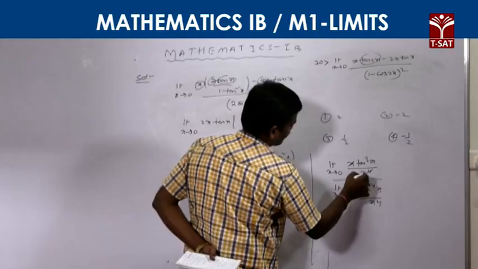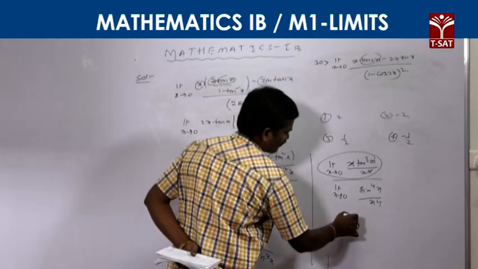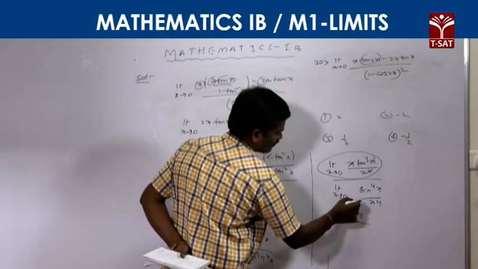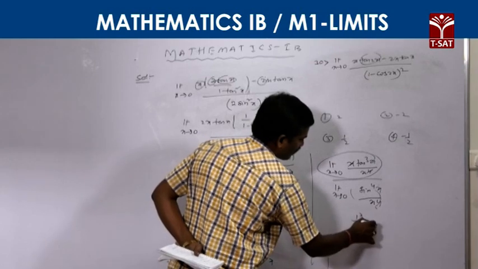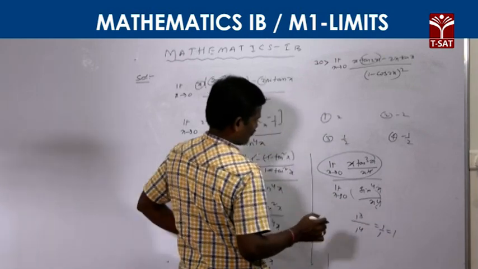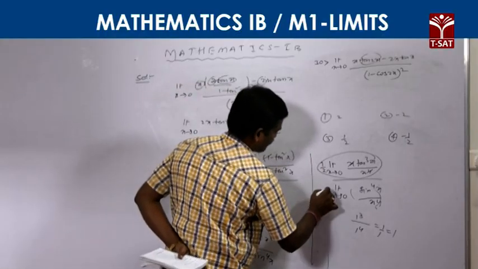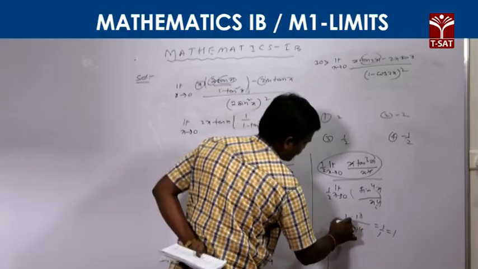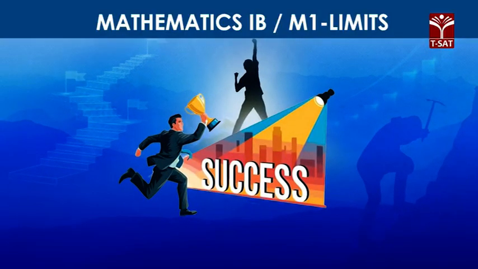Here one x cancels. This is a standard limit: tan cube x by x, whole cube, is nothing but 1 cube. Sin x power 4 by x power 4 is also a standard form, 1 power 4, so the answer is 1 by 1, which is 1. I forgot to write the 1 by 2 here, so 1 by 2 into this, so 1 by 2 is the answer. The third option is the correct answer.